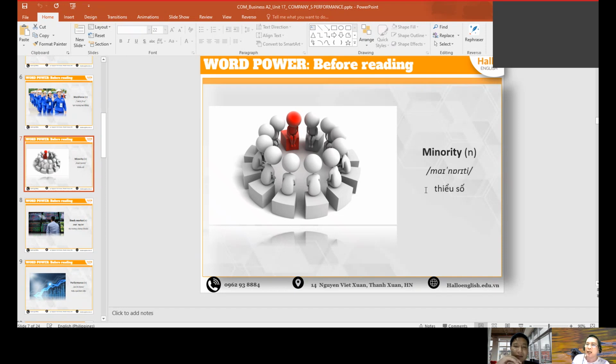Actually, if you're talking about minority, that means it should be agreed upon by all. So minority agreed with one idea only. Although you shared ideas, there would be one idea that you should follow. So that would be minorities.